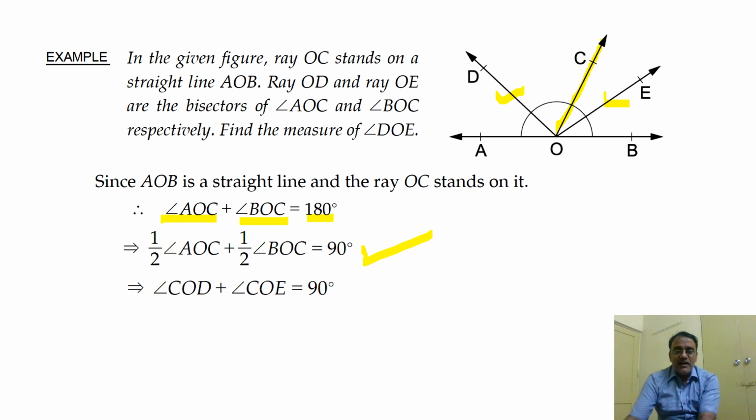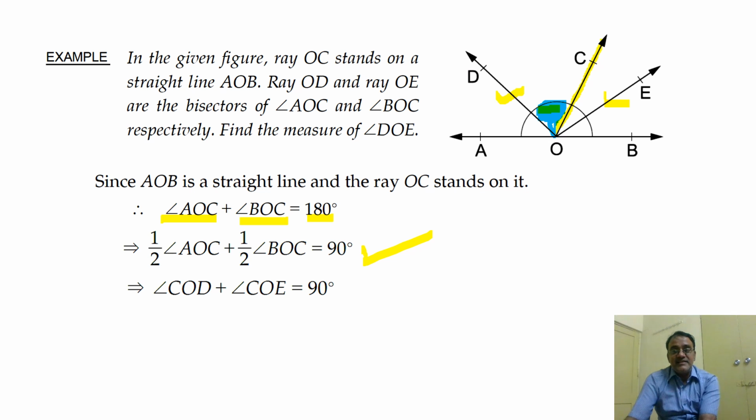Right? Now half of AOC means COD, because OD is the bisector. So ये जो मैं शेड कर रहा हूँ, this angle is equal to half of AOC.